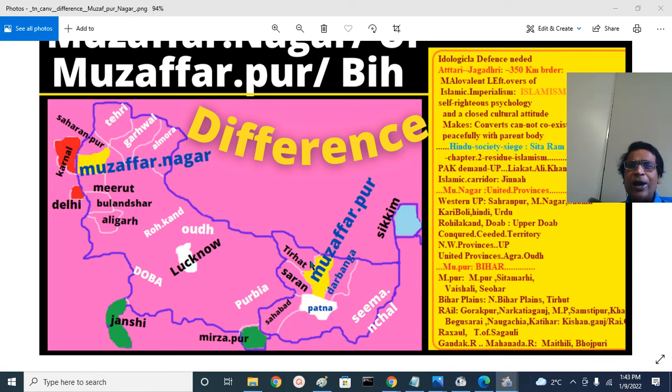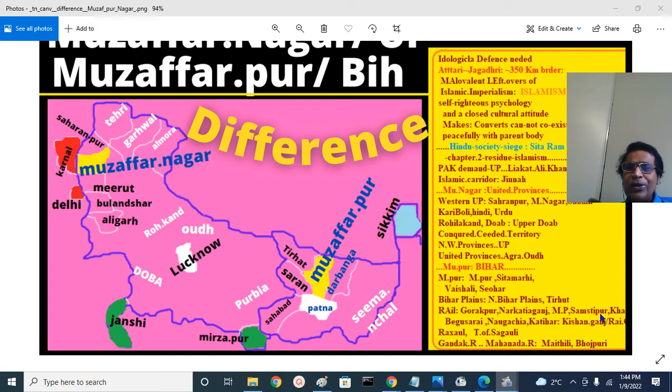This is adjoining to Tarai region of Nepal. You have Mechi and Kosi districts here, Janakpuri district and Narayani districts. That is the Kathmandu here. And the rail link from the Gorakhpur region and Narkatiyaganj and Muzaffarpur, Samastipur district goes here.